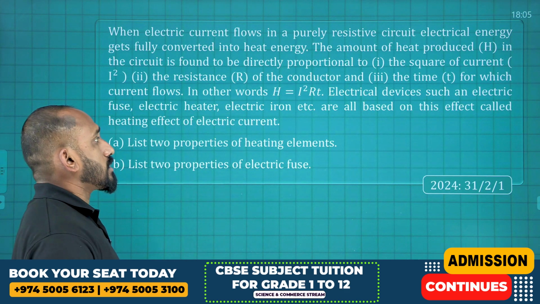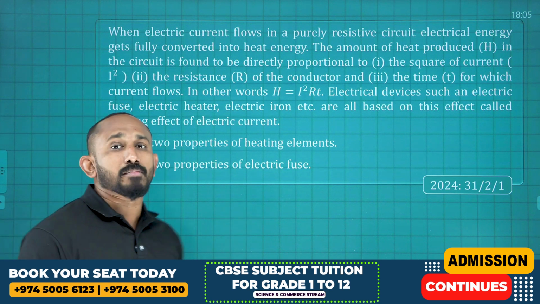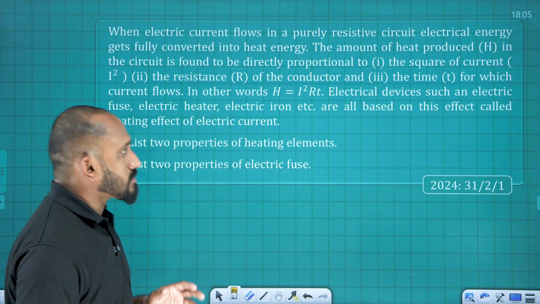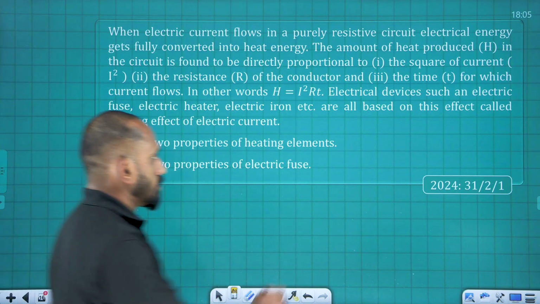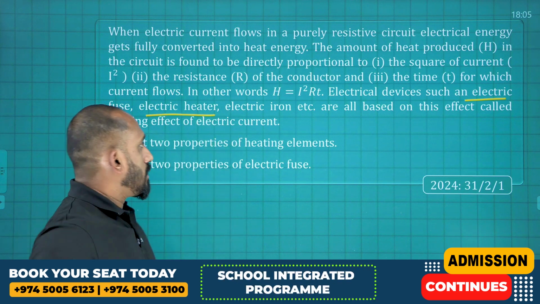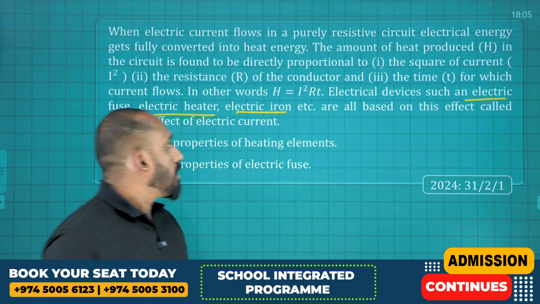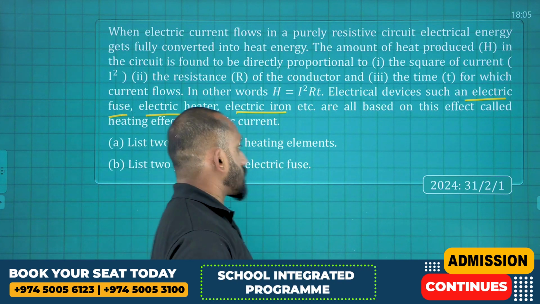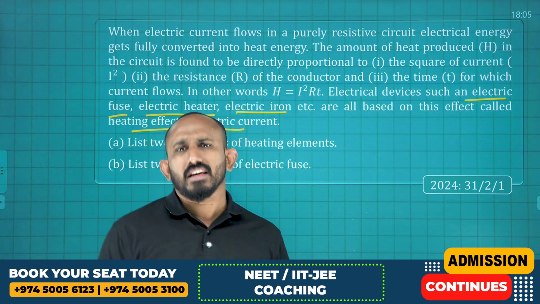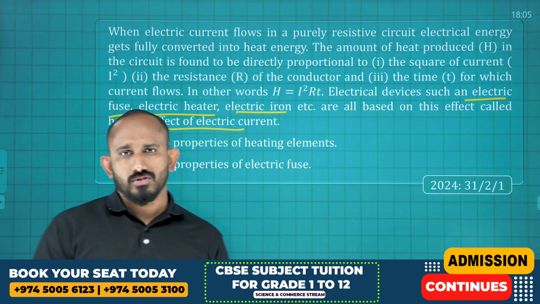In other words, H equals I square R t. That's the statement of Joule's law of heating. Electrical devices such as electric fuse, electric heater, electric iron, etc. are all based on this effect called heating effect of electric current. So, a statement is given, just like a case-based study question.